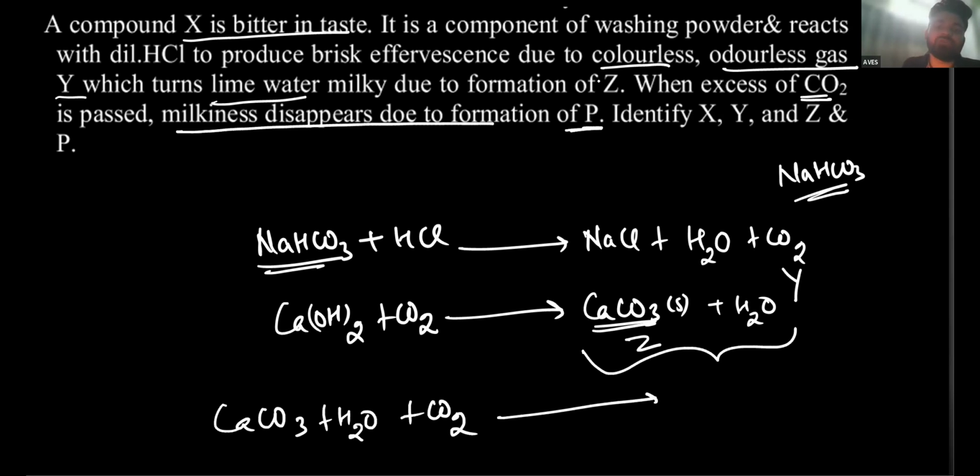It is not saying passed through only Z, Z plus this water also. So when we pass excess CO2, this will get converted into calcium hydrogen carbonate, Ca(HCO3)2.